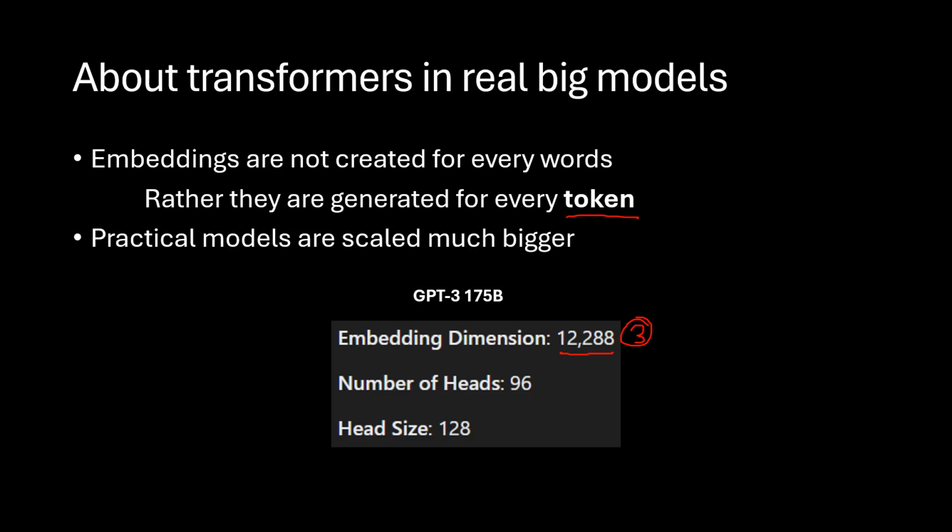In GPT-3, the number of heads they used was 96. So the head size, as we saw in the formula, is the embedding dimension divided by the number of heads, which is 128. Real big models like ChatGPT, Gemini, or whatsoever are just doing the same math that we learned in this video, but scaled much, much bigger. That's all about Transformers.